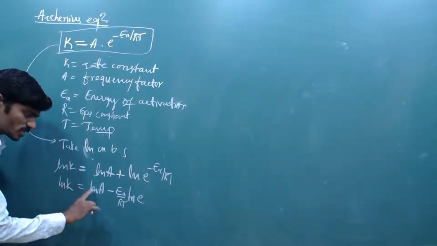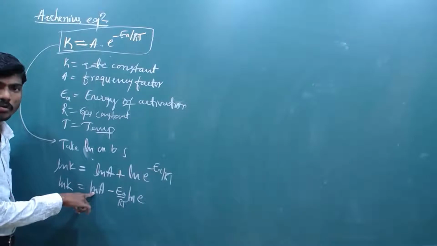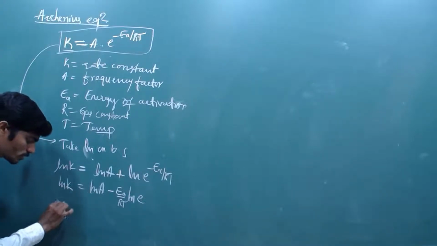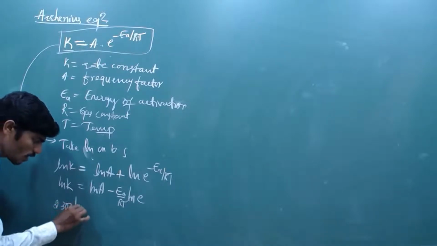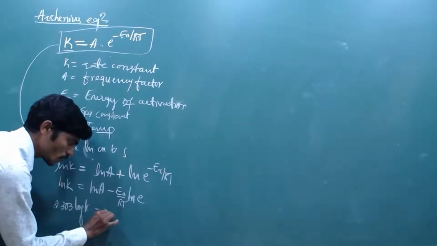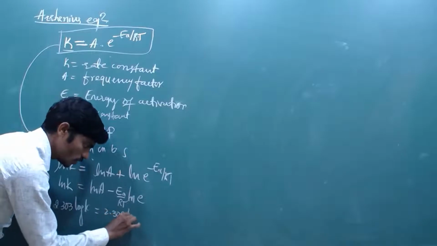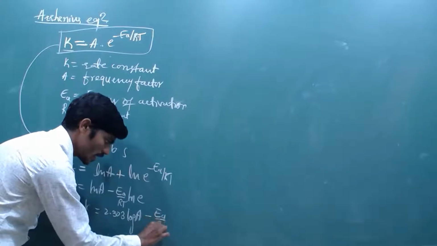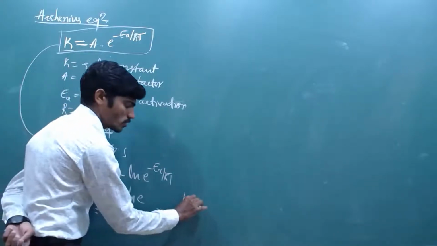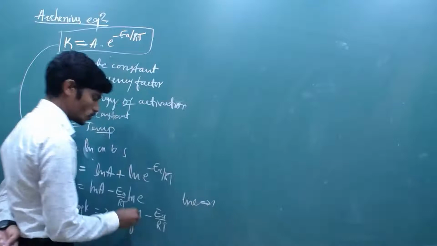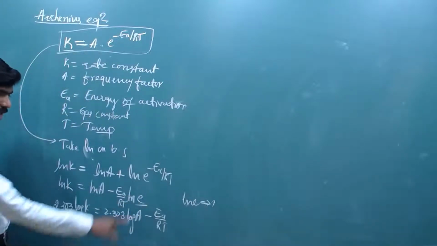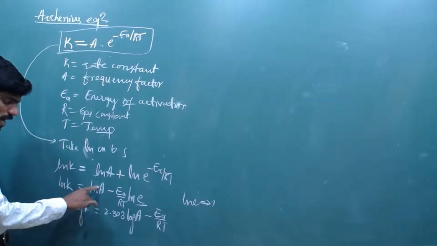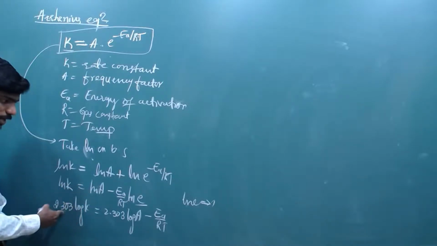Now convert this ln into log. How can we convert? By multiplying by 2.303. So 2.303 log k is equal to 2.303 log A minus EA by RT, because ln e is equal to 1. I have converted ln k and ln A to log by multiplying by 2.303.